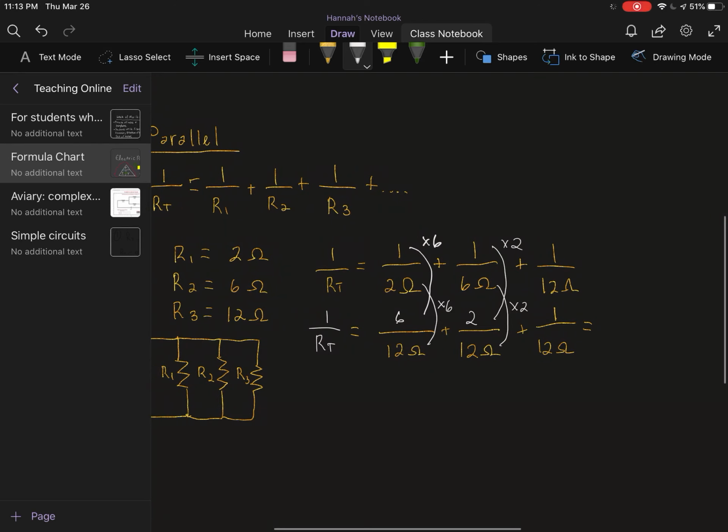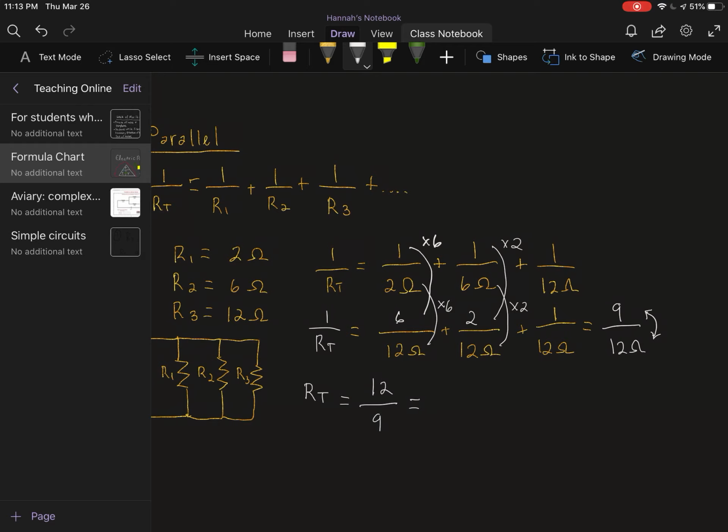So now I can add my numerators together. 6 plus 2 is 8, plus 1 is 9, over 12 ohms. And now I have to flip my fraction back around. 12 divided by 9. And so now I have my total resistance.